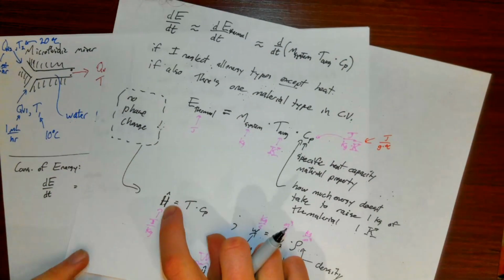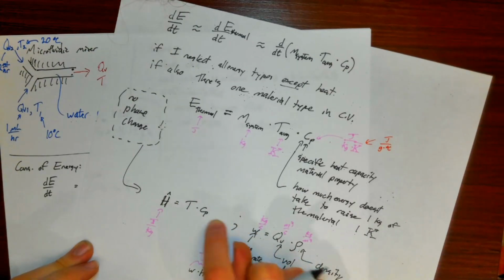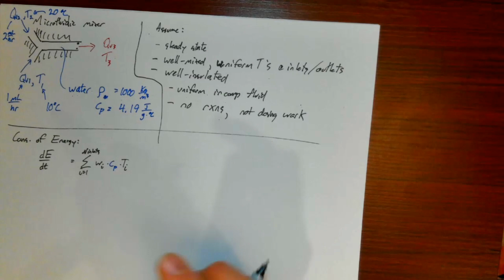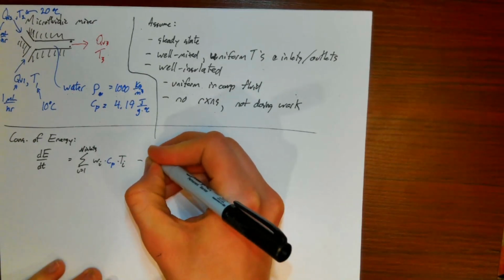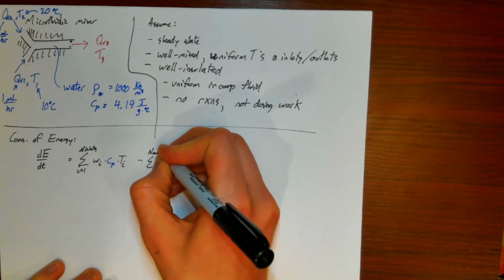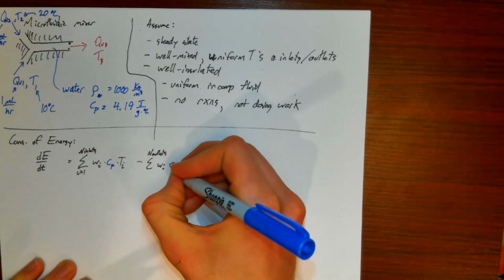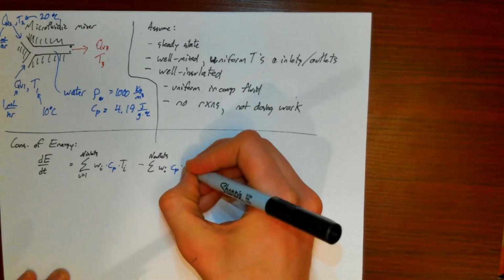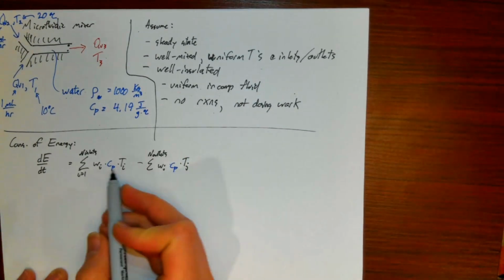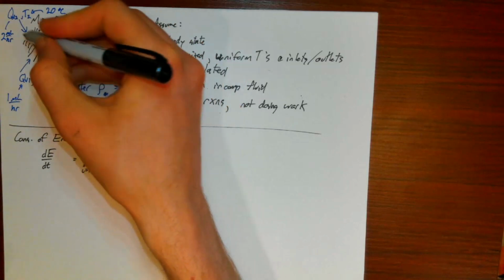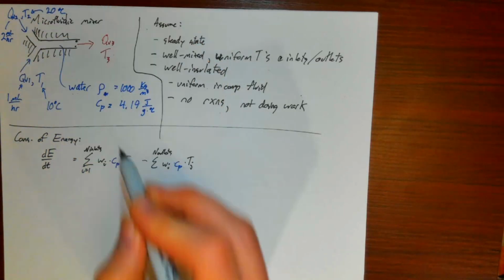So I can replace the H's with temperatures times specific heats. I can do this at the inlets, and I can also do this at the outlets. And the subscript i or the subscript j will have 1, 2, and 3. Those will be the numbers of the inlets and the outlets.